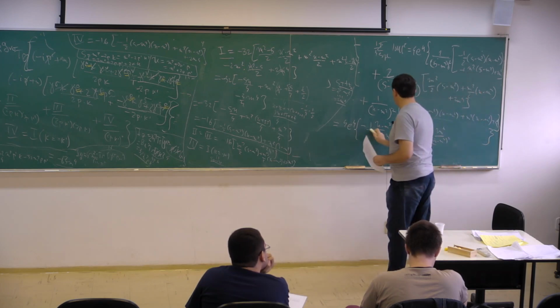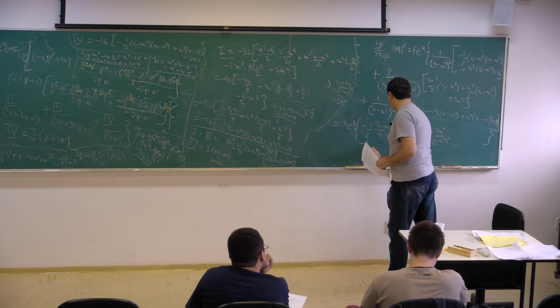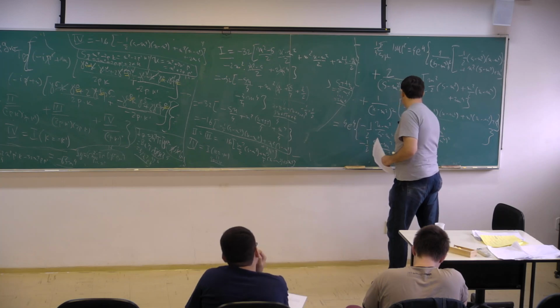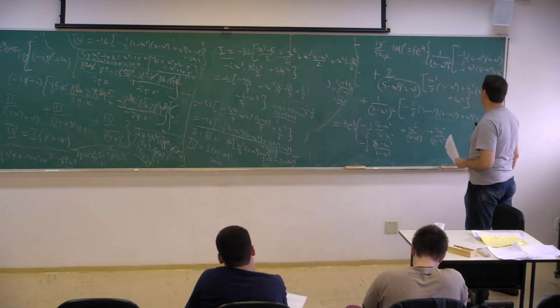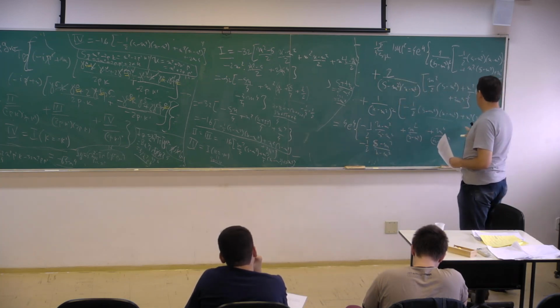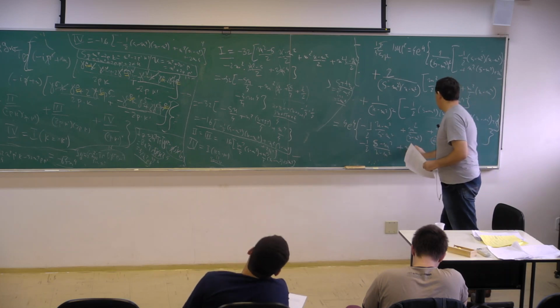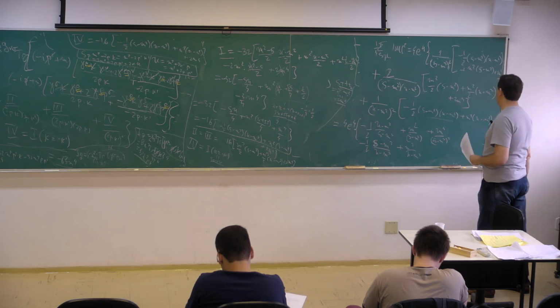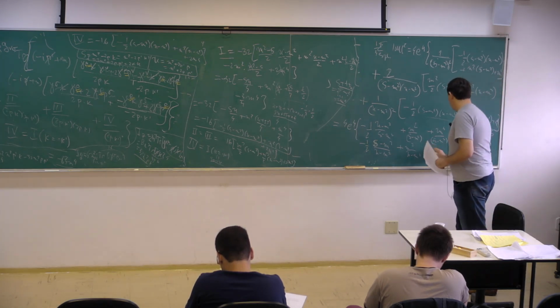No, minus a half. Minus a half (s minus m squared) over (u minus m squared). And then the second term is m squared over (u minus m squared). And the last is 2 m to the 4 over (u minus m squared) squared.